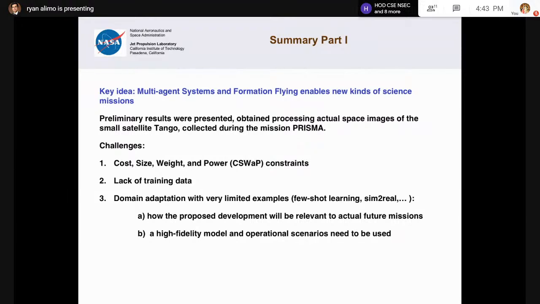And the challenges that remain in order to use deep learning for real missions are the SWaP constraints, meaning cost, size, weight, power, and the lack of training data in space. So that's also an open area in AI and machine learning, how we can learn with few data, few-shot learning.